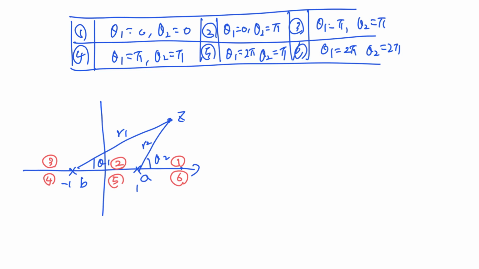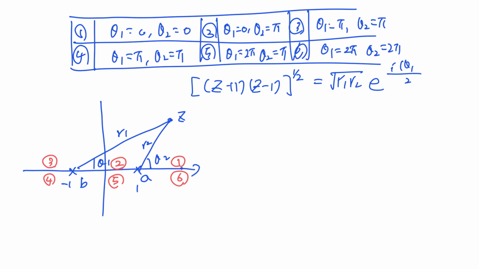Now, how about this half angle? Because the square root of z plus 1 is r1 r2 exponential i theta 1 plus theta 2, over 2, right? So now we can calculate the table.